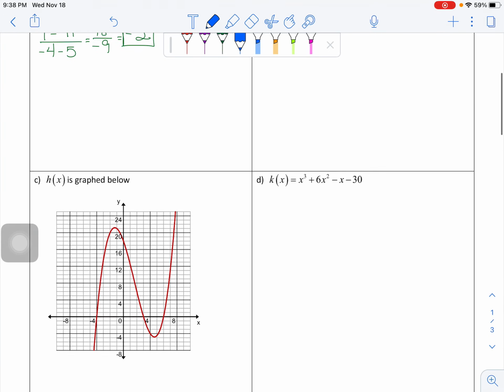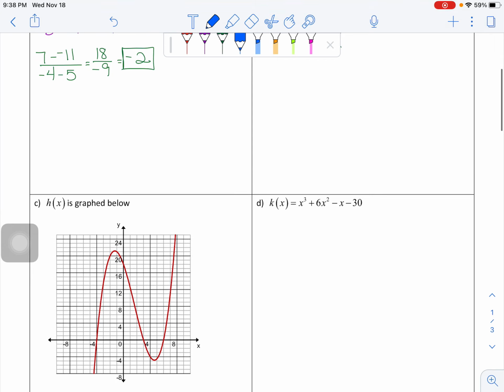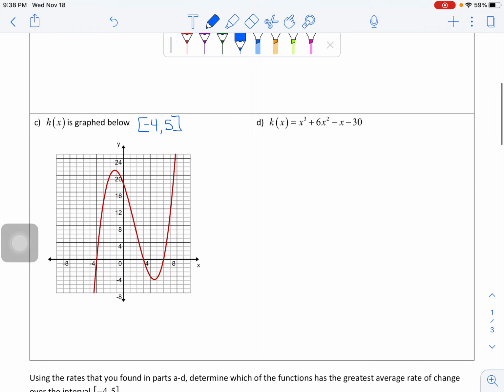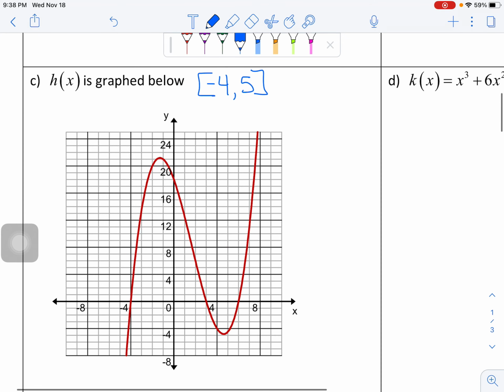Let's slide on down to part C and see what we got here. So part C is a graph, and I want to remind myself my interval here was -4 to 5. Remember these interval values, this is x1, this is x2. When I give you the interval, I'm giving you the x values. So let's see what's going on.